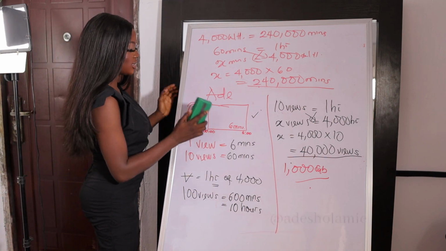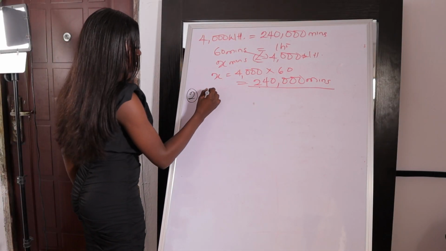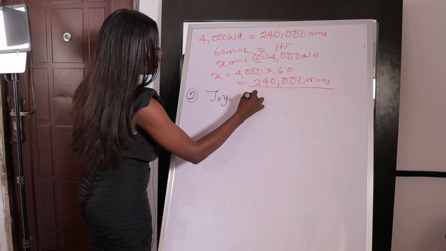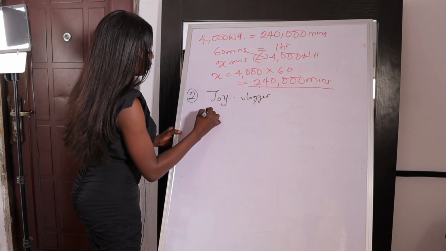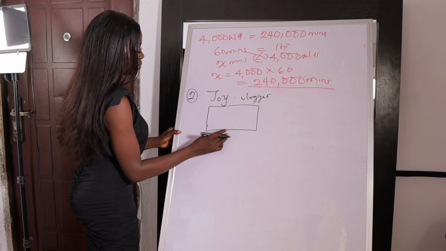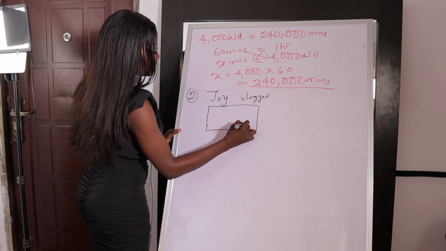Now, let's consider another person. Say her name is Joy. Joy is a YouTuber, a vlogger, and she uploads a 24-minute video.